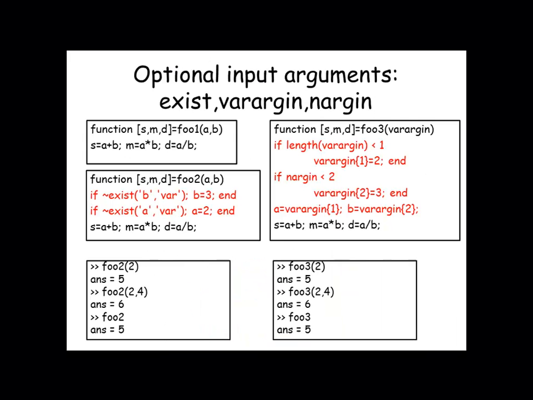An alternative to using varargin is to use the exist function to check for existence of input arguments. So here we have a foo1 function that takes a and b as inputs and returns their sum, product, and ratio as outputs.